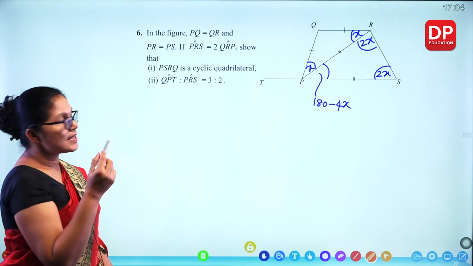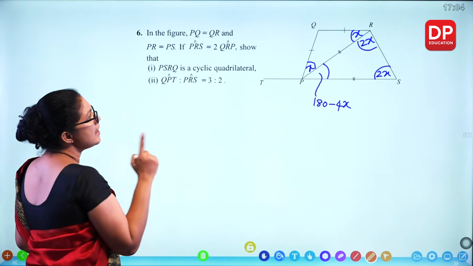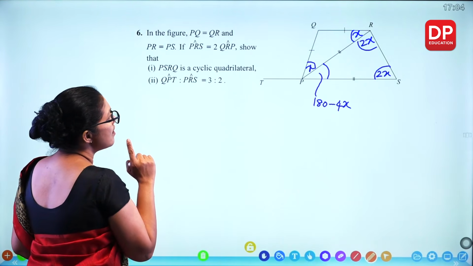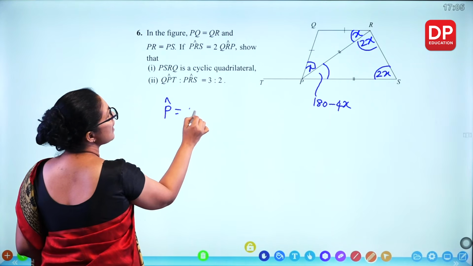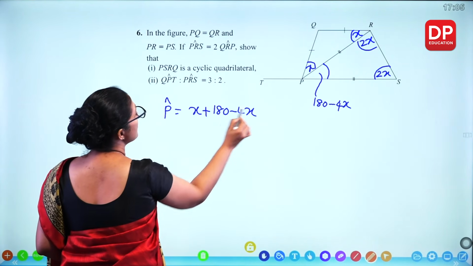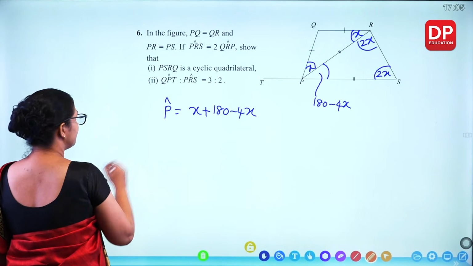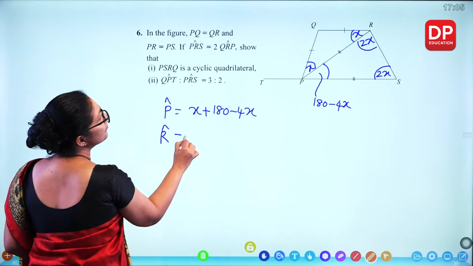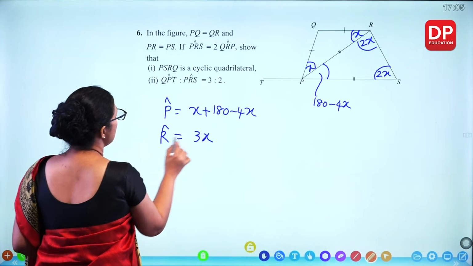Now we'll see opposite angles P and R. So what's P? X plus 180 minus 4x. What's Q? What's R? R is 3x. Add these two.